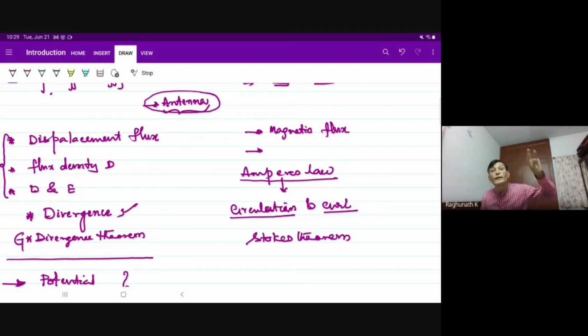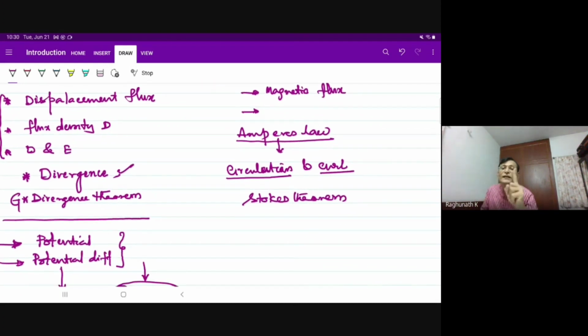When I want to evaluate the line integral of a vector field over a closed path, maybe with so many sides, so many different lines, and so many different line integrals, those line integrals around a closed path can be converted into one surface integral, a double integral, using Stokes' theorem. So line to surface integral.